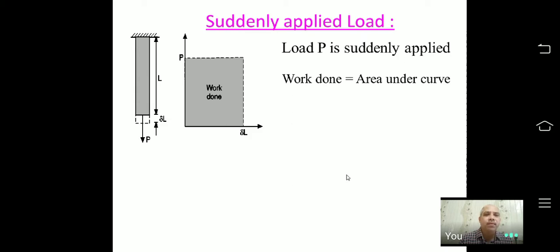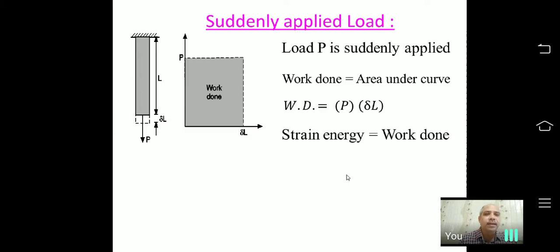Now work done is always the area under the P delta L curve. And here I will get this as P into delta L. Now we know strain energy is equal to work done. Now strain energy, our equation is the same, because your resistance is always developed linearly, gradually, and therefore that equation is not going to change.